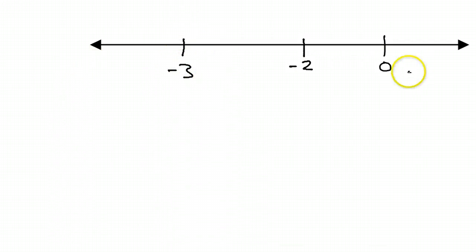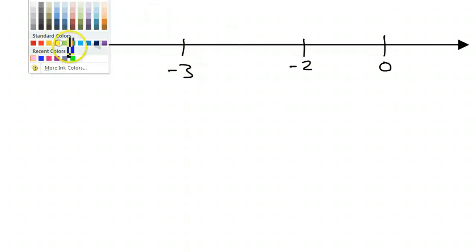It's just a quick sketch, so it doesn't have to be perfect, but 0, -2, -3, you get it.